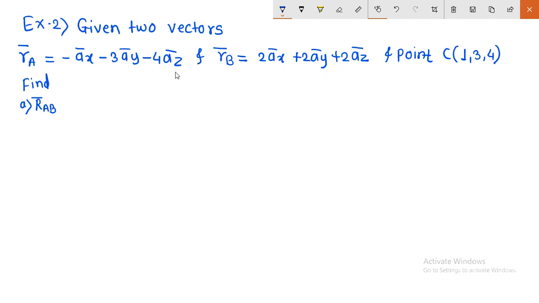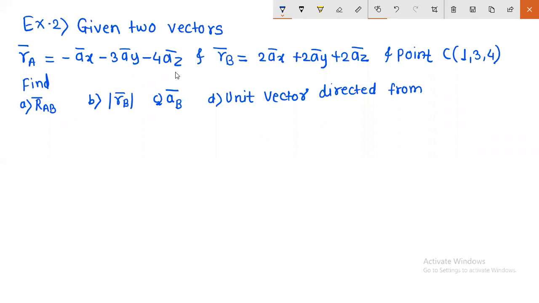Then B is mod of small r bar B. Then C is unit vector a bar B. Then D is unit vector directed from C to A, and fifth is small a bar AB. Okay, small a bar AB. So noted.